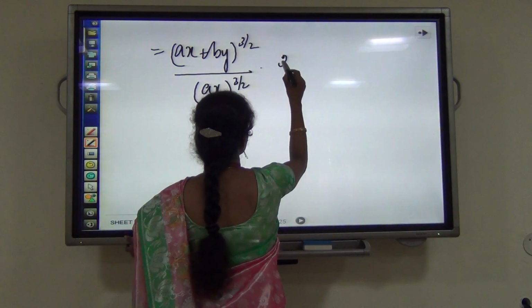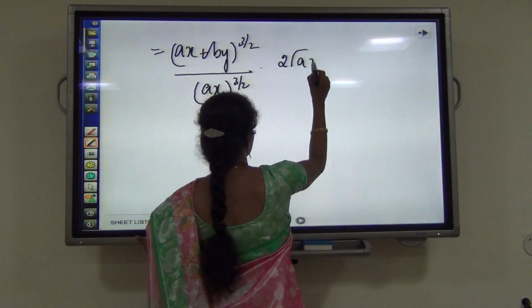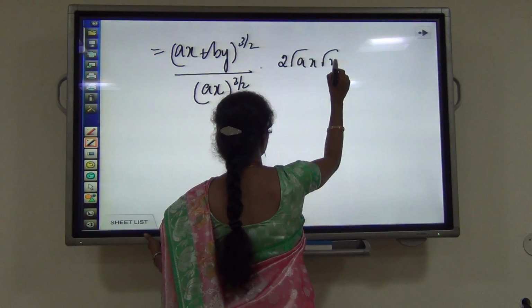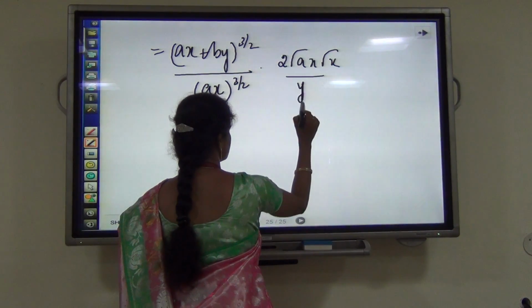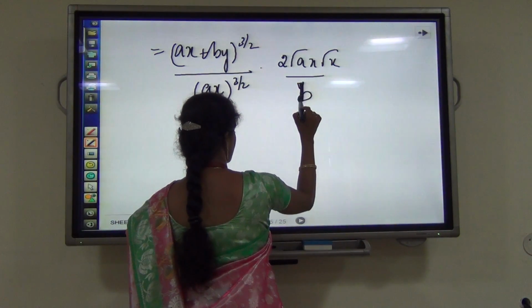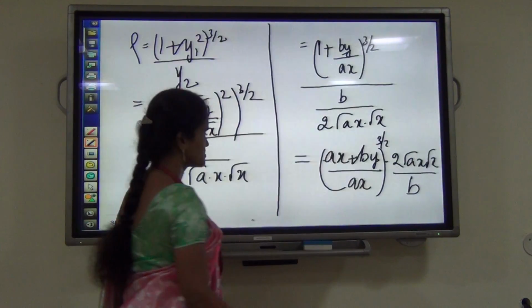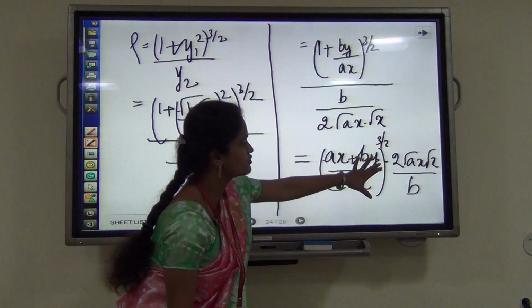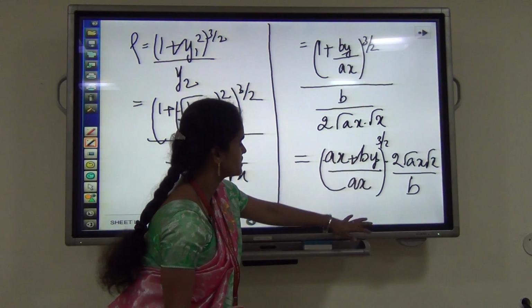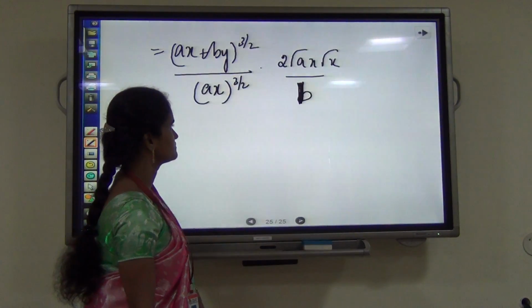Into 2 root a x into root x by b. So just check. This I have written separately, this part separately, and 2 root of a x into root x by b. Yes.